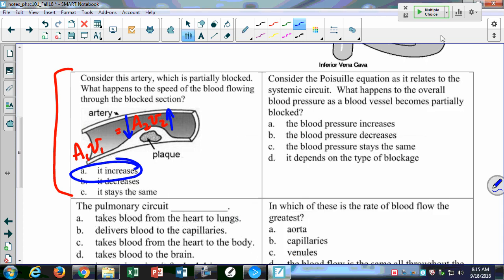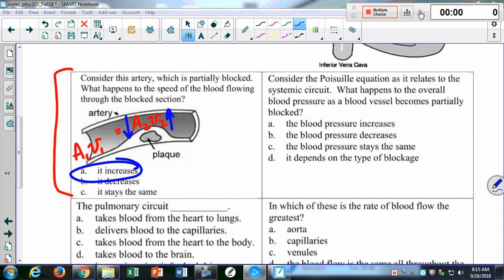All right, consider the Poiseuille equation. What happens to the overall blood pressure as a blood vessel becomes partially blocked?